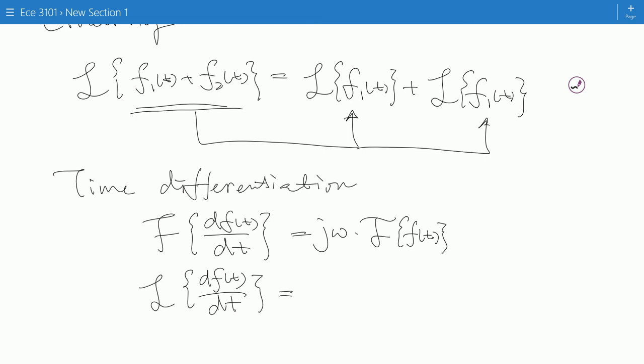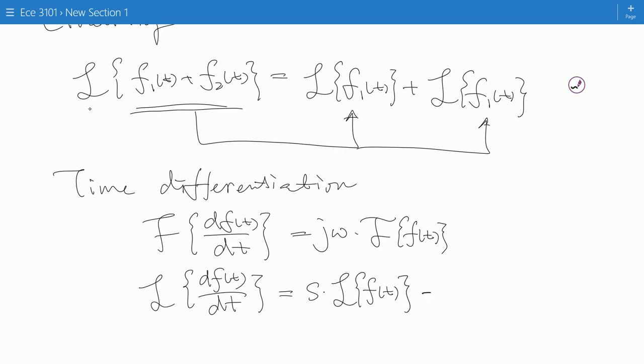Remember from Fourier to Laplace, you replace j omega with s, so j omega should become s, right? And it should be followed by the Laplace transform of f of t, which is good.